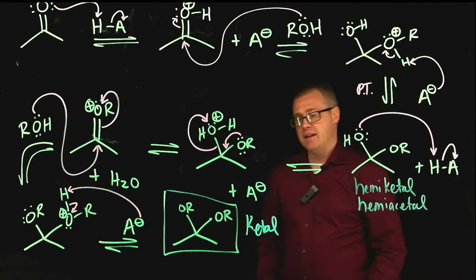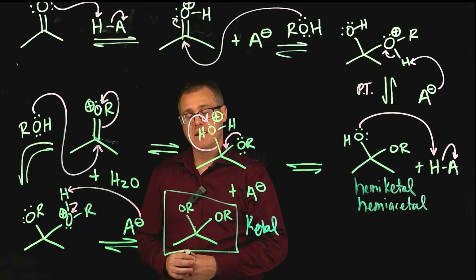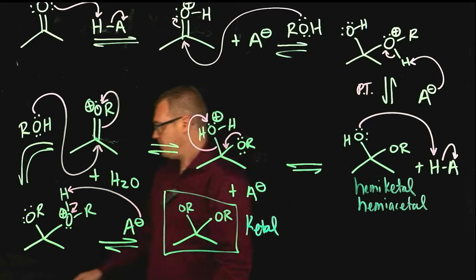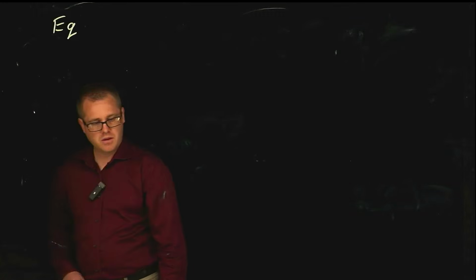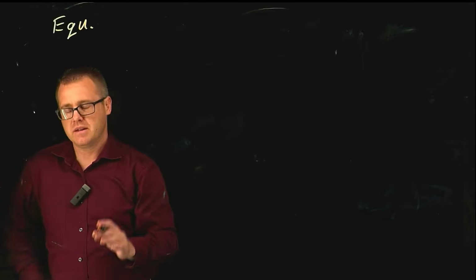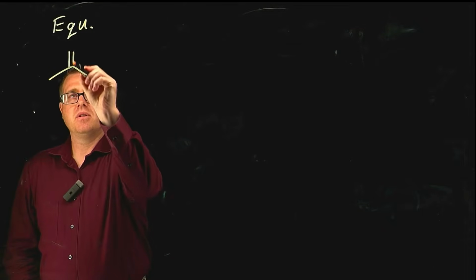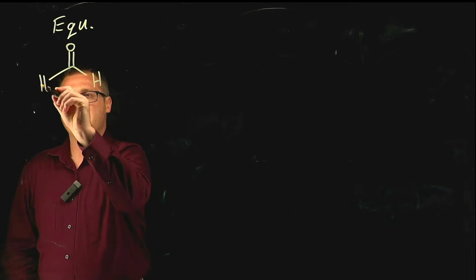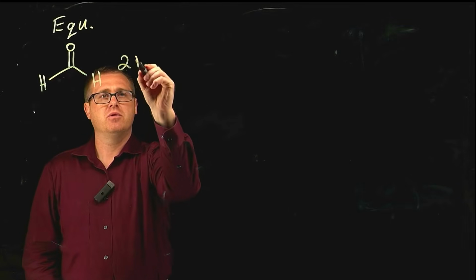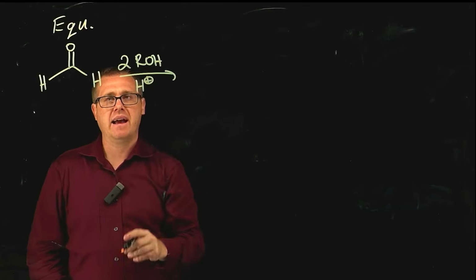Now, acetal and ketal formation is influenced by equilibrium, and we're going to talk about that after I erase this board. So let's take a look at equilibrium. Let's say we have a very simple aldehyde, and we wanted to do the acetal formation. So we have 2 moles of ROH, and then we have our catalytic amount of acid.